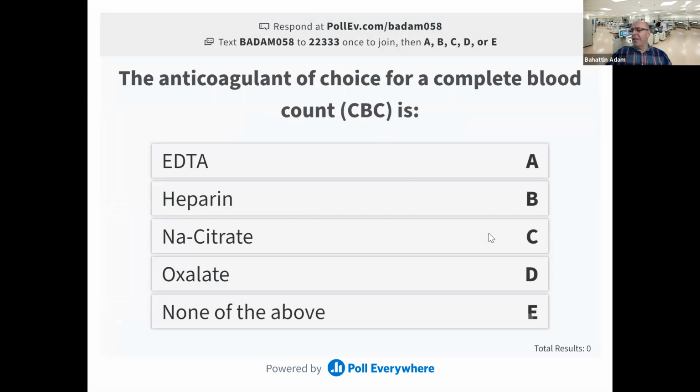Okay, now let's have some other questions for you guys. The anticoagulants of choice for a CBC.